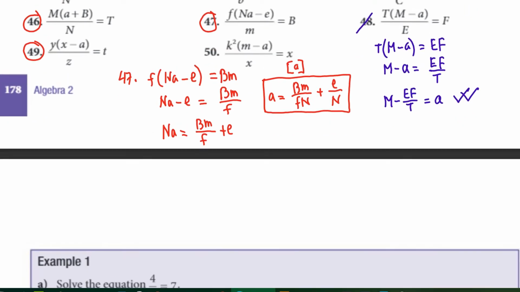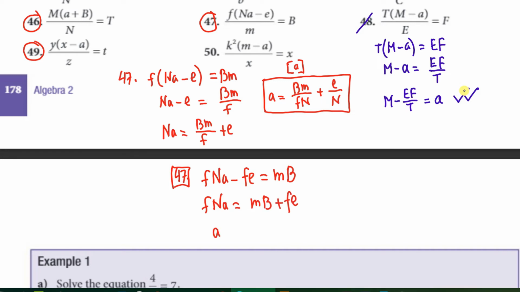I don't know, say 47, then you do not need to use more lines here. You can multiply on the top part, which you write as Fna minus Fe, and on the right side it turns into small m then B. Then make Fna the subject; I think that one is good and easier, Fe.